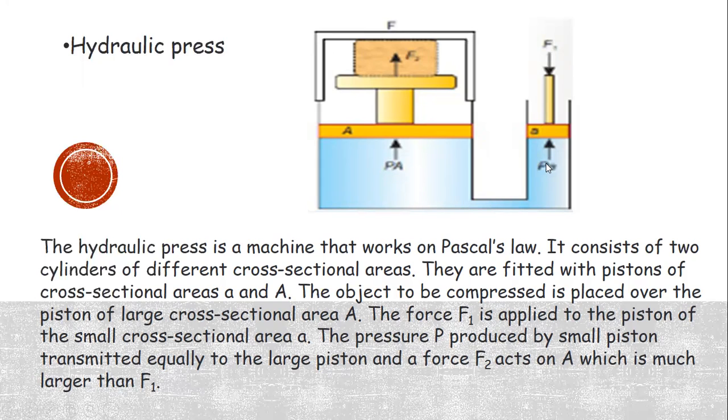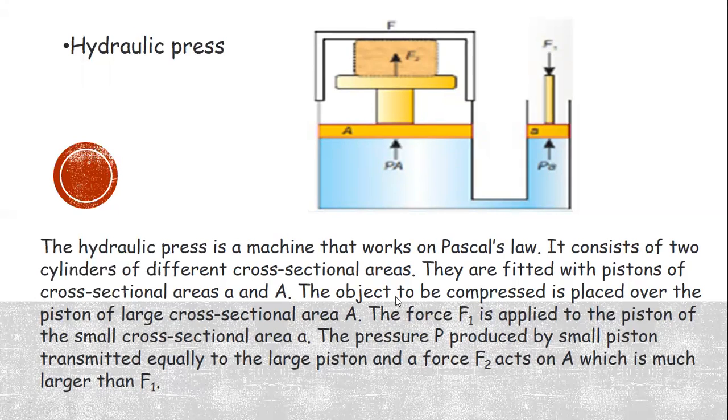So whatever is the pressure over here will be the same on this side. So the pressure P produced by the small piston is transmitted equally to the large piston, and the force F2 acts on A, which is much larger than F1.